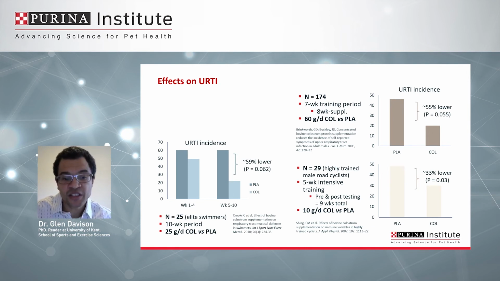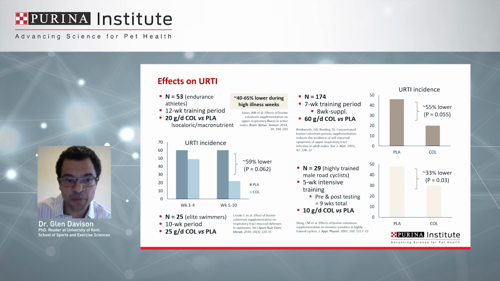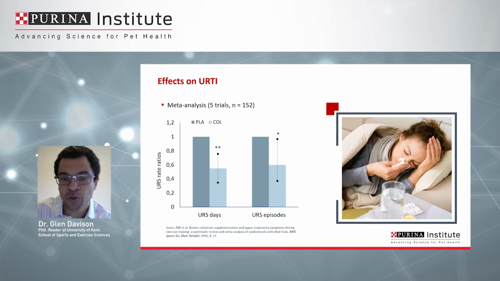And in many of these studies, where we quantify the presentation of upper respiratory illness, what we see is a significant, or a tendency for a significant, reduction in the incidence, so the risk of picking up these types of illnesses, in the individuals who had the bovine colostrum supplementation compared to the individuals who had a matched placebo. And generally what we see is in the larger studies, which are generally more powerful, statistically speaking, we do see significant protection in the individuals who had consumed bovine colostrum.